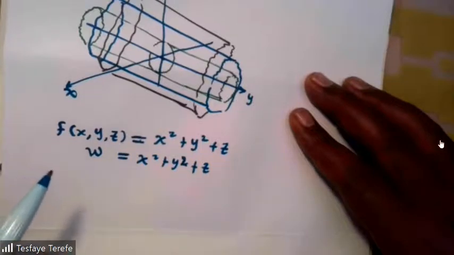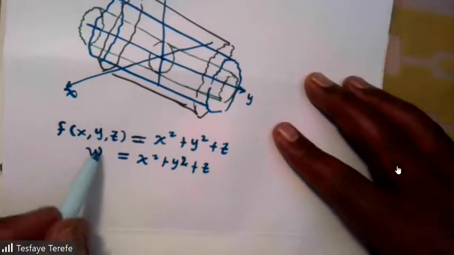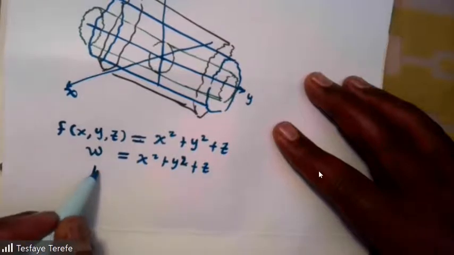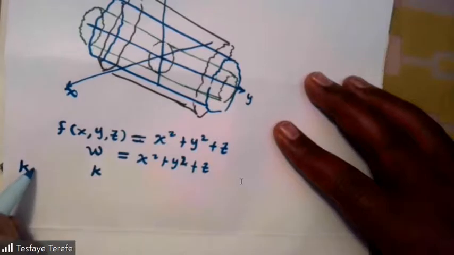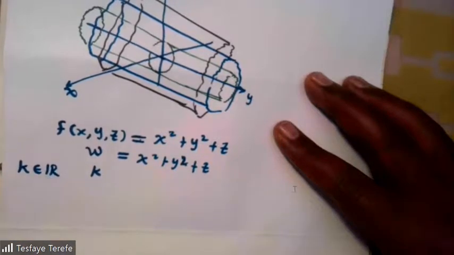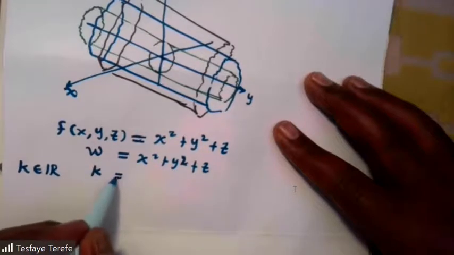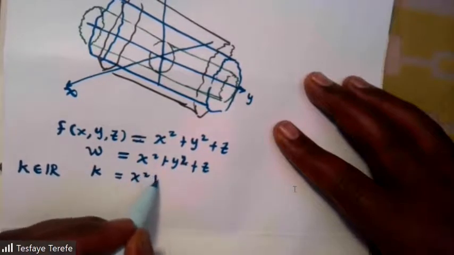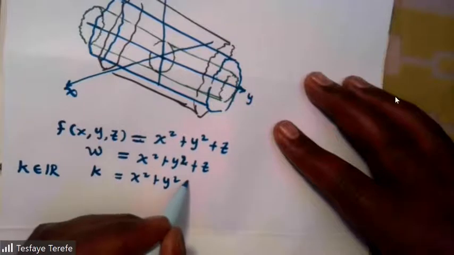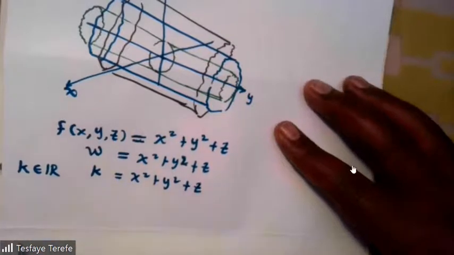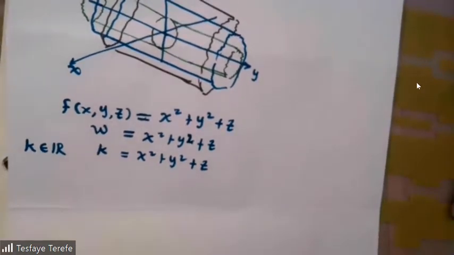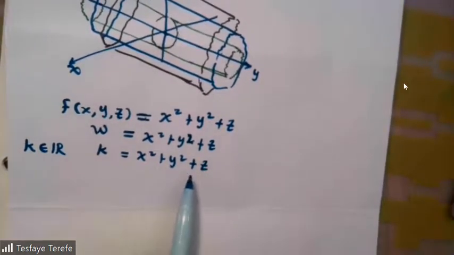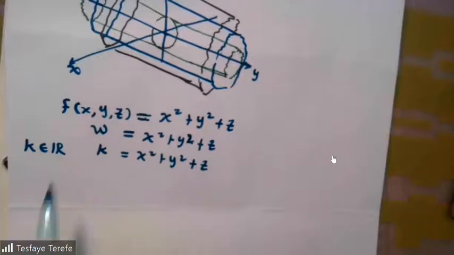So now to draw a level surface, what do we do? Replace this W by some constant K, where K is a number. If that is the case, we have x squared plus y squared plus z equals K. Well, this doesn't really help me draw the surface because it is defined implicitly.